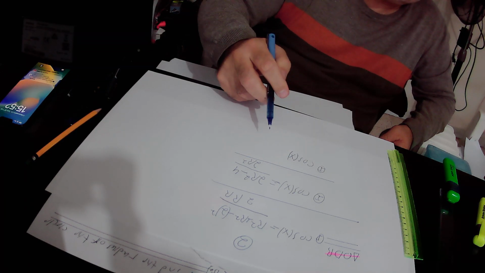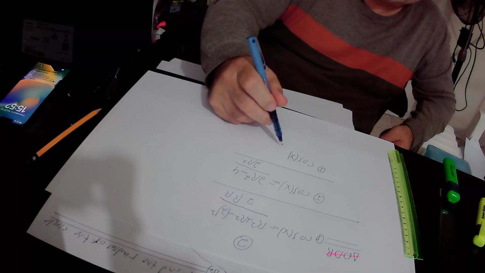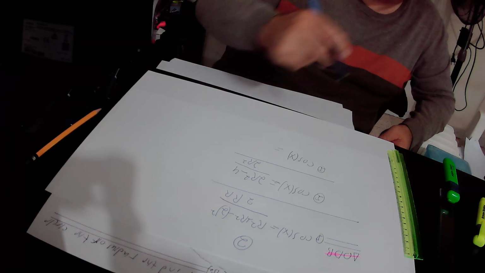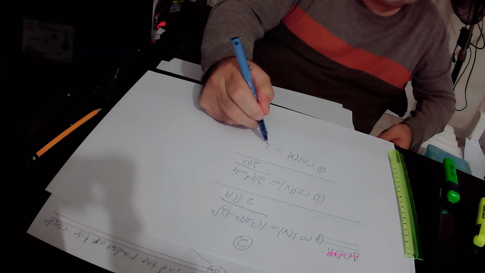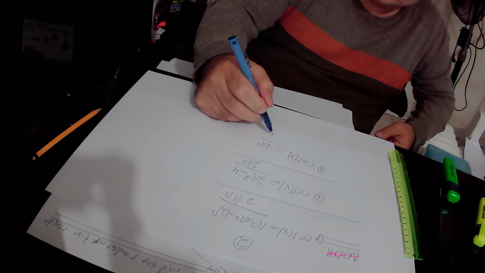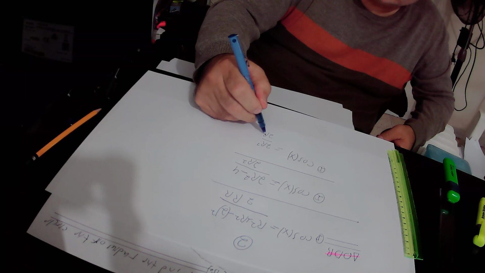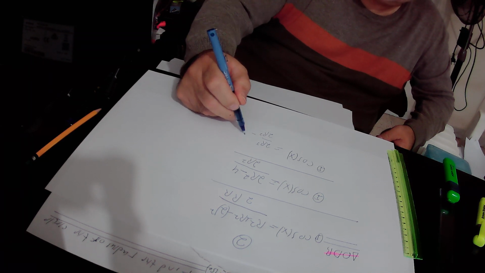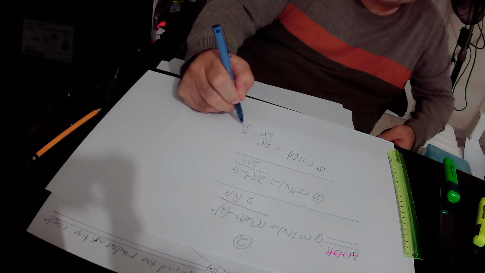So cosine x equals 2r squared over 2r squared minus 4 over 2r squared.